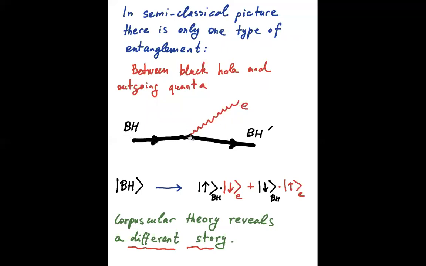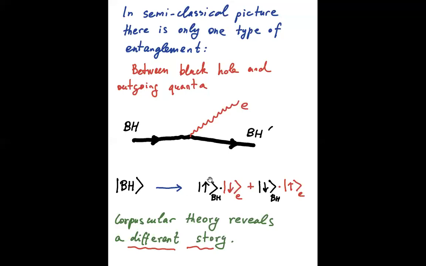So let's say we emit a particle with spin 1/2, or any particle with two polarizations. Okay. So the black hole goes into a state black hole prime, but you are not resolving the state, and so you conclude that there is an entanglement, let's say, between black hole prime and the electron.